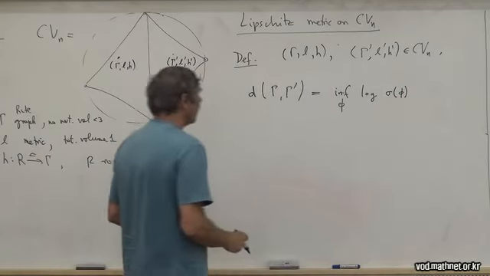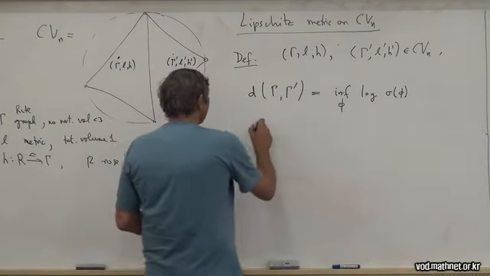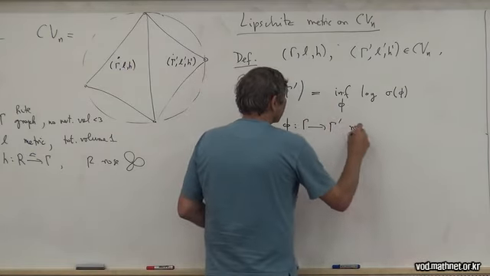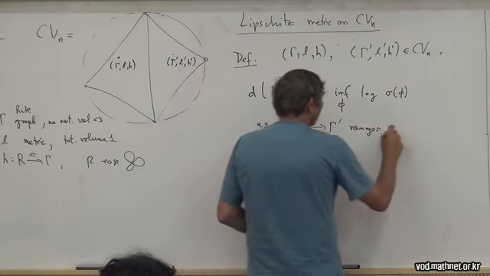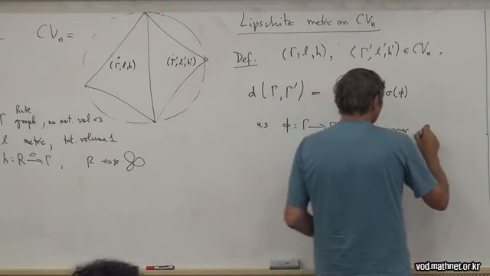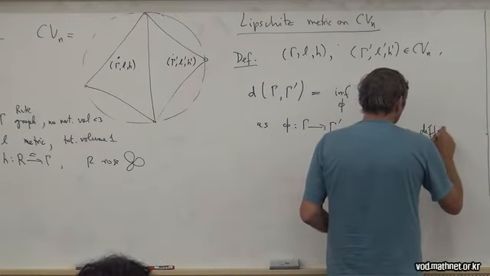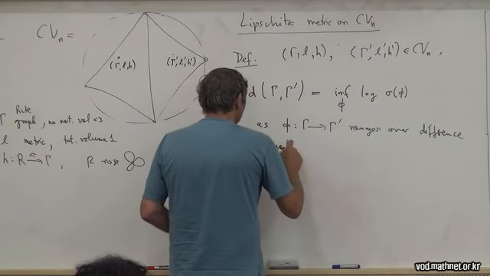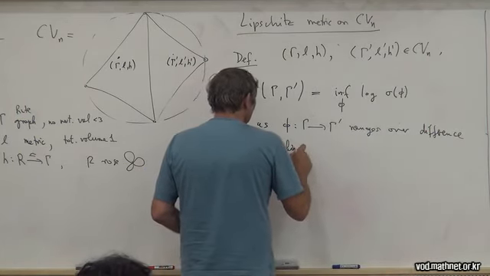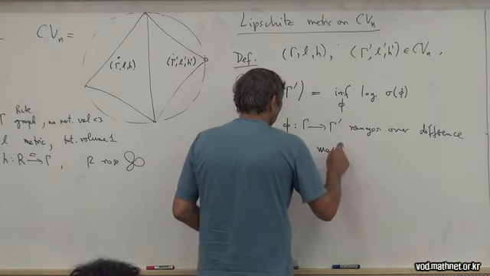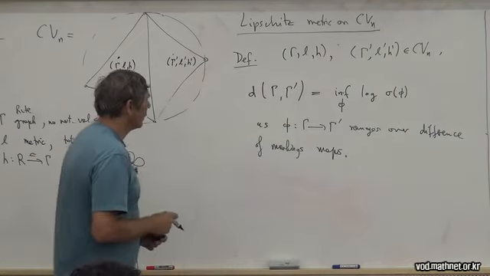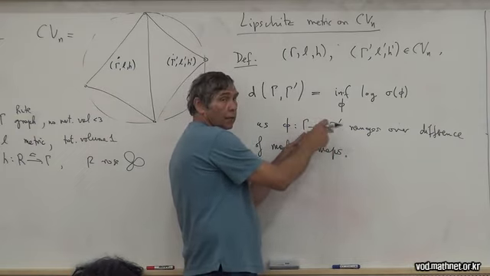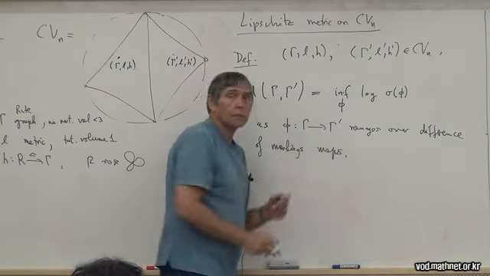Lipschitz constant for phi, as phi from gamma to gamma prime ranges over difference of markings maps. Given gamma and gamma prime in outer space, we have a preferred homotopy class of homotopy equivalences between them.